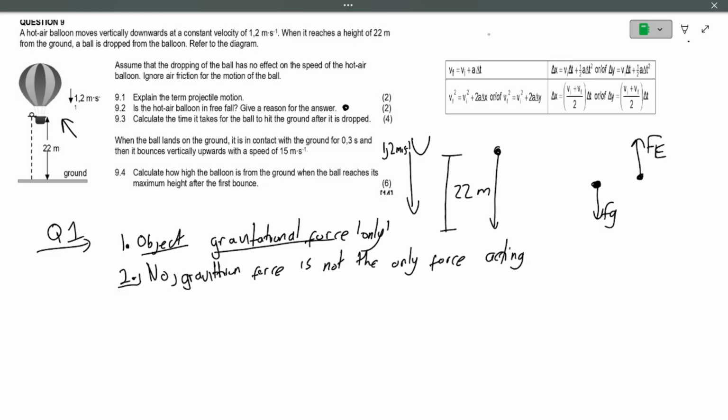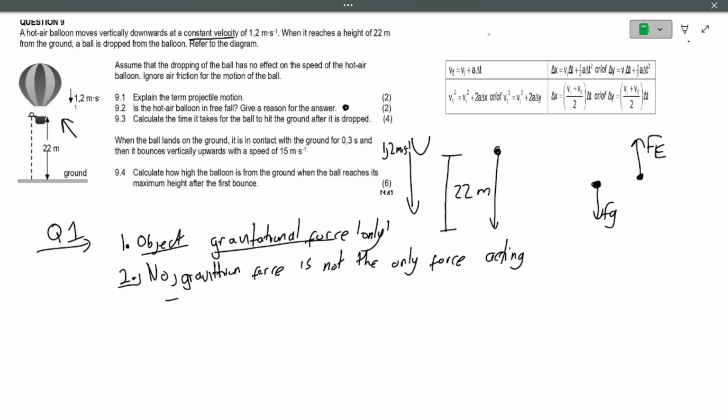And we must know that if gravitational force is the only force acting on the object, it is going to accelerate in the direction of the force according to Newton's second law. So because this thing is moving at constant velocity, it means that there's no acceleration, which tells us that the forces are in balance.